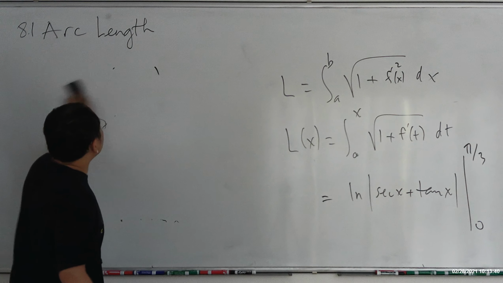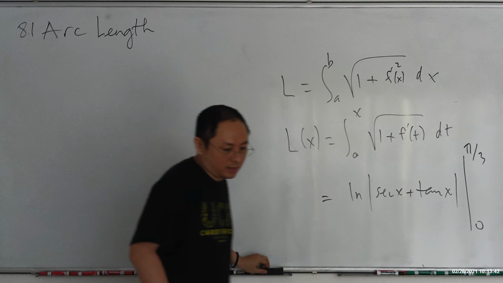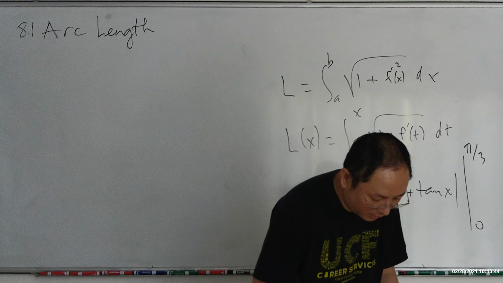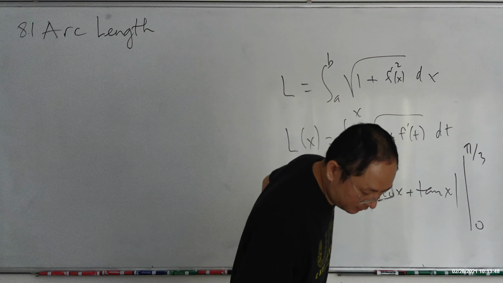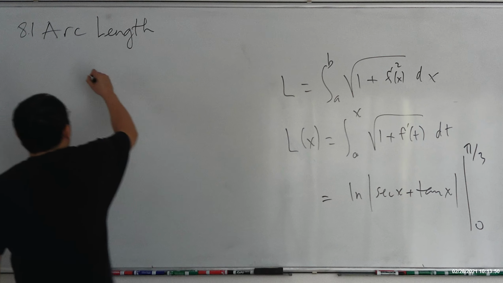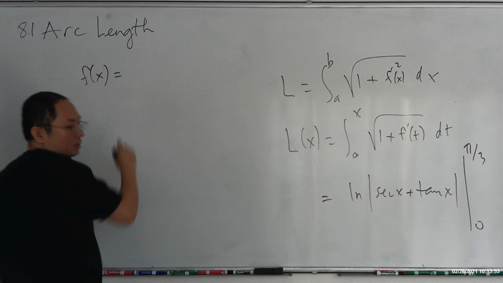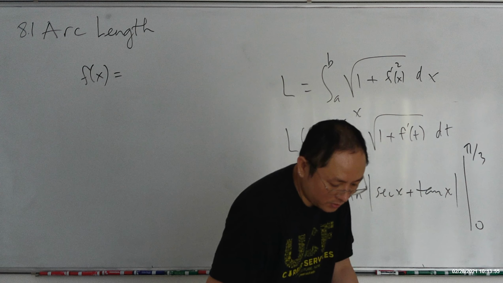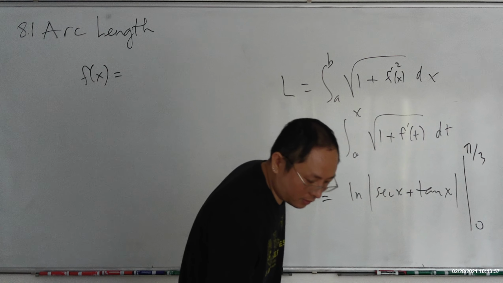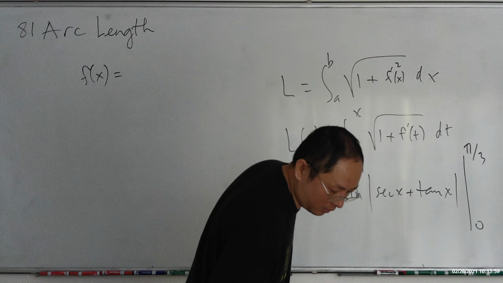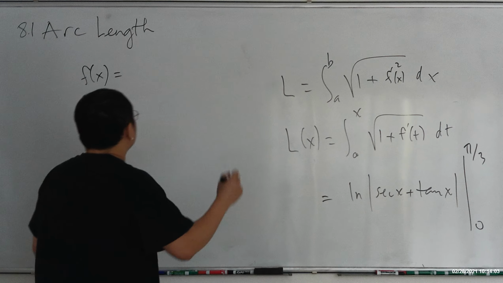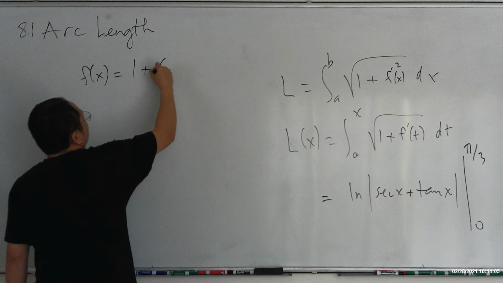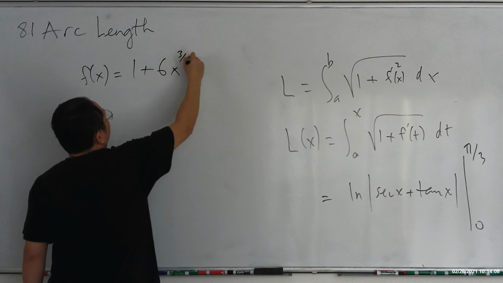I'm trying to look for an example in the book in the exercises, but they only gave us one, so let me just use that one. Okay, we have the function f of x. Actually, any problem on the arc length function is going to work, so just choose any example. Just use the same example we had before. Easy one. f of x equals 1 plus 6x to the 3/2.